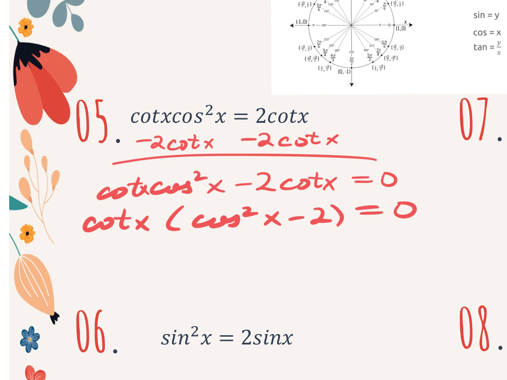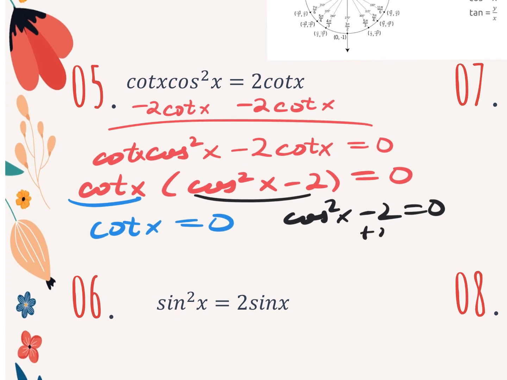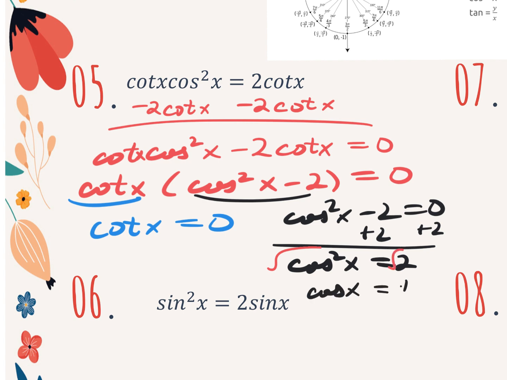I now set each of my factors equal to 0. So cotangent x equals 0, and then this one as well, cosine squared x minus 2 equals 0. I'm going to go ahead and finish solving this one. Add 2. Cosine squared x equals 2. Square root both sides, and cosine x is equal to plus and minus the square root of 2.